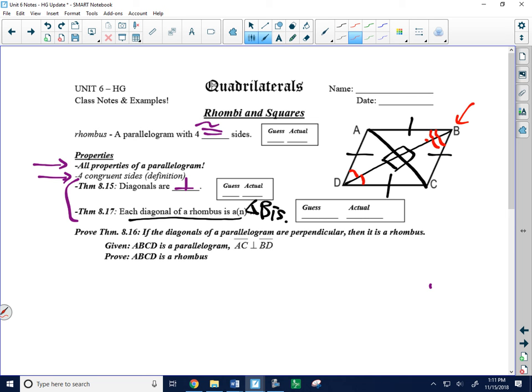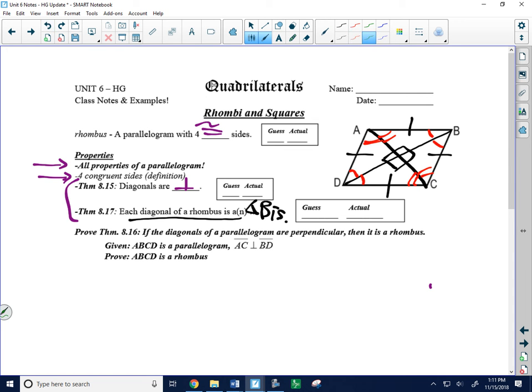However, this angle and this angle are alternate interior. And since it's a parallelogram, has parallel sides, they'll actually be the same. So actually, all four of these angles are the same measure that I marked. And then for the other diagonal, it bisects that angle, and then all of these are the same as these two. So that's the diagram for a rhombus.